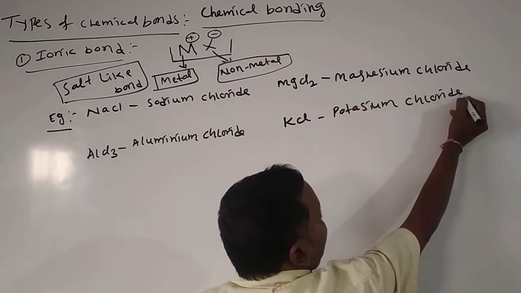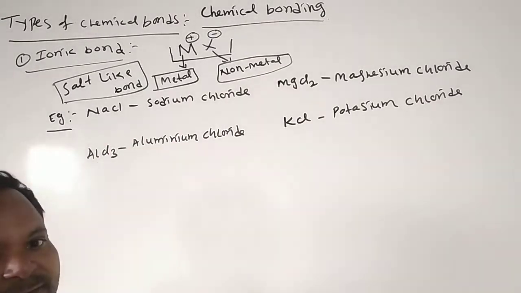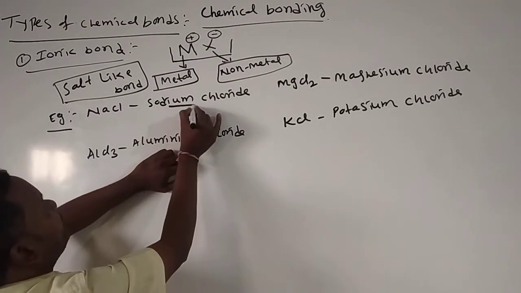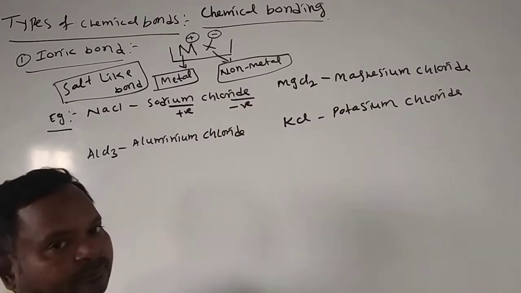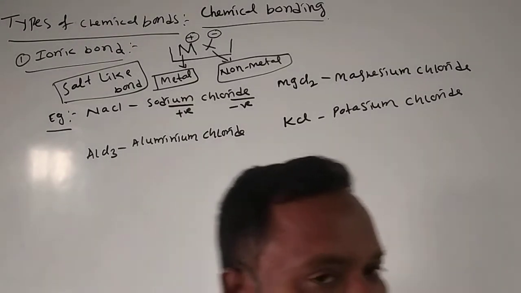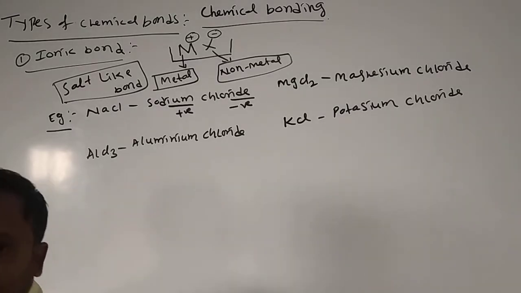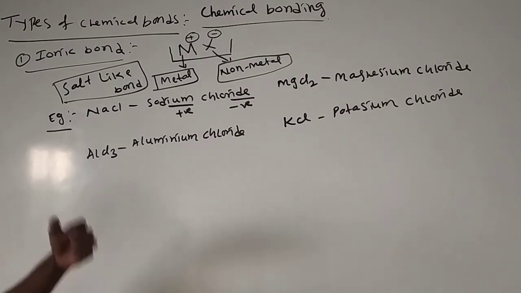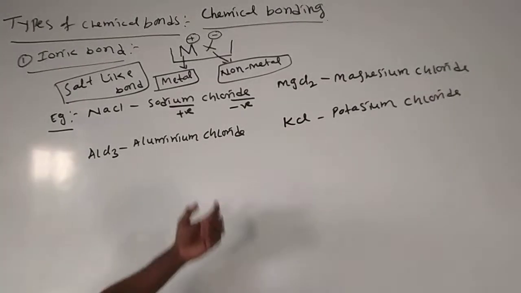One more important thing: identify easily which is positive and which is negative. In all salts, the names ending with -ium are the positively charged particles, the metals. The ones ending with -ide are negatively charged, the non-metallic part.